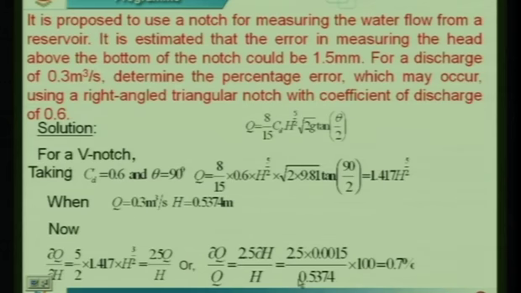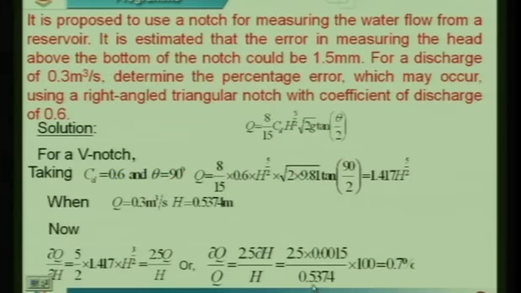Now, what is the value of h? I think some data is missing in the problem. Kindly note down the value of h is 0.5374. Again I repeat, the value of h is missing in the problem. Kindly note down, h is equal to 0.5374 meter.